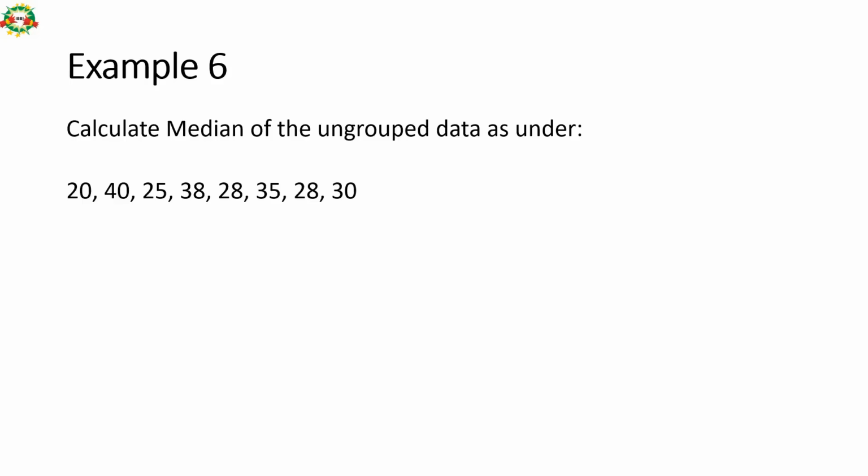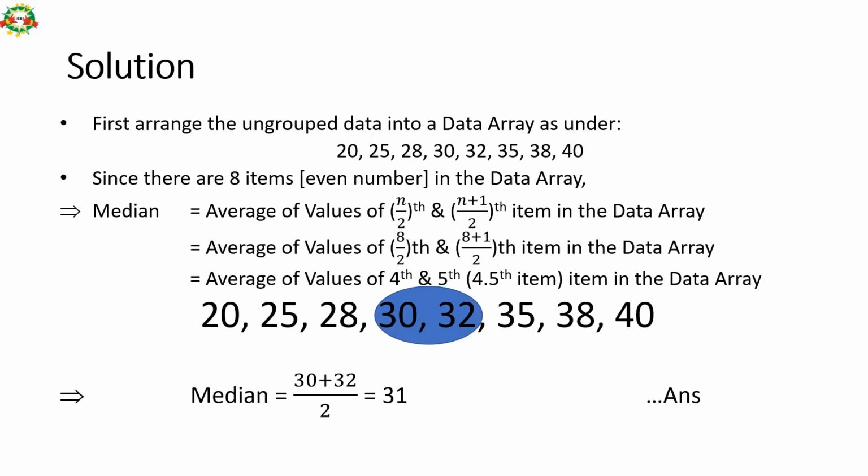And if it is an even number, 1, 2, 3, 4, 5, 6, 7, 8, what will happen? Again, you first have to arrange data in a data array, that means in ascending order. Then count the number of items. Here these are 8, that means we have an even number of items.